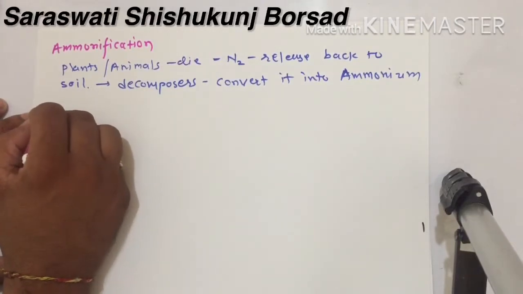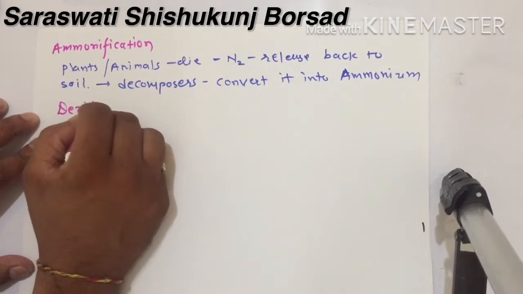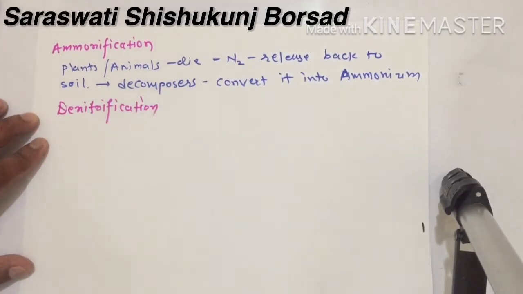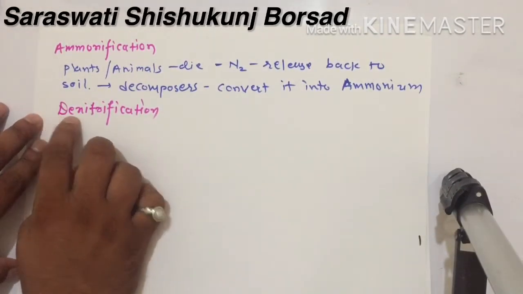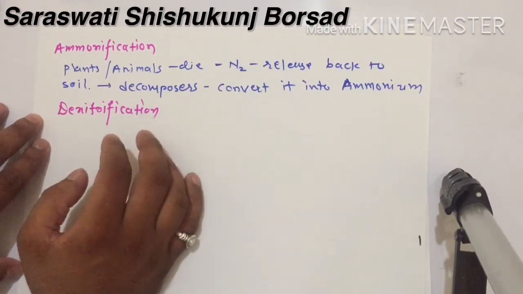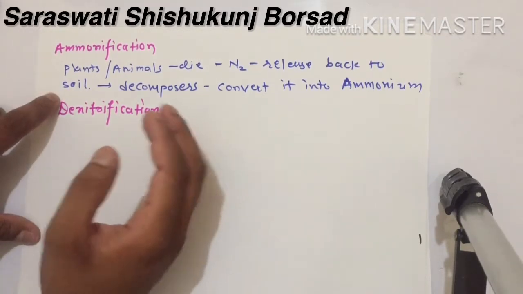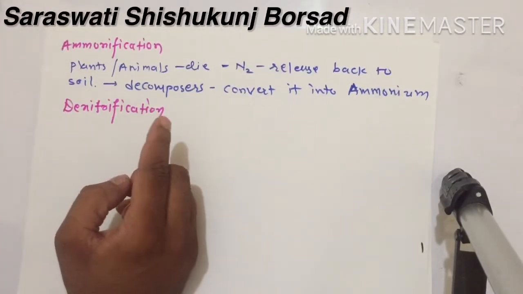And the last process is denitrification. Now let's see what is denitrification. Denitrification is the process in which nitrogen compounds make their way back into the atmosphere by converting nitrates into nitrogen.